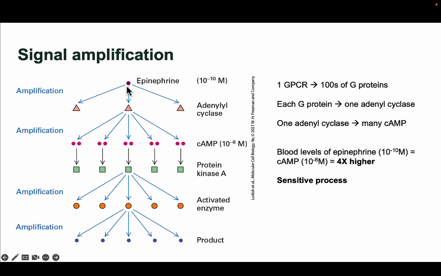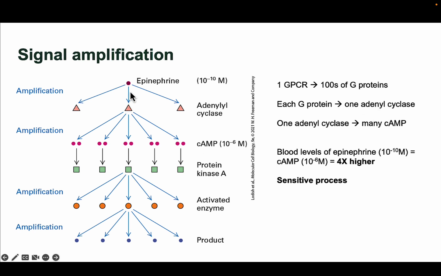So if we start with a single molecule of epinephrine, this can bind to a GPCR, and one GPCR binding to epinephrine can actually activate hundreds of G proteins. Okay, so there's an amplification event there. But each G protein only activates one adenyl cyclase.